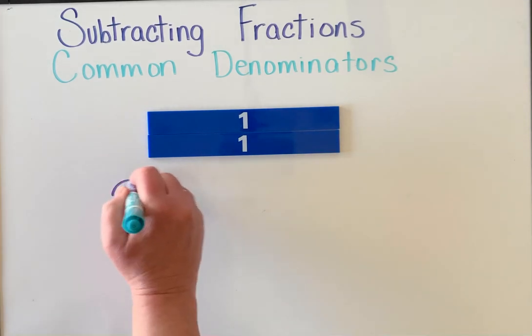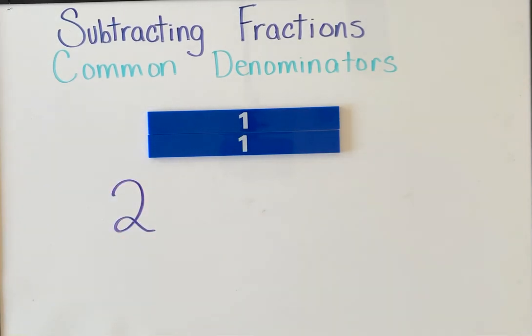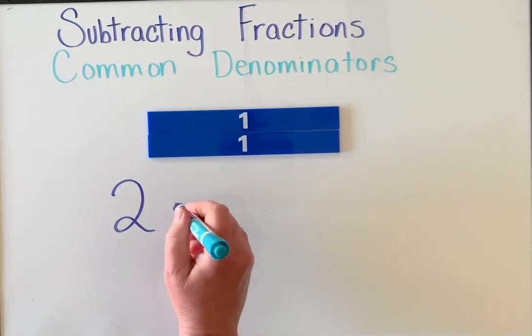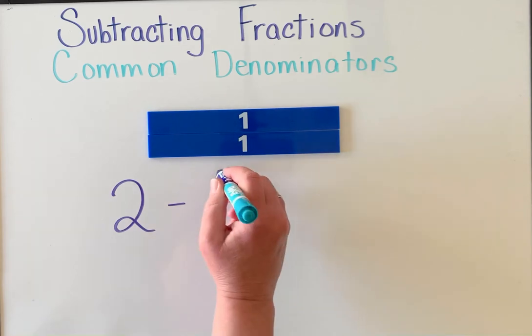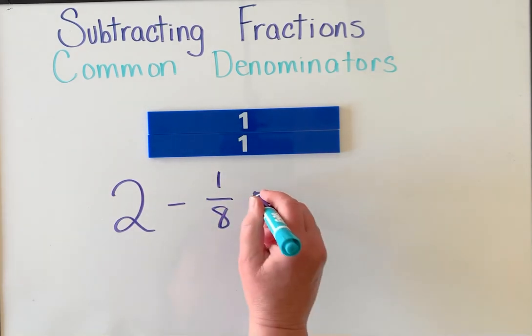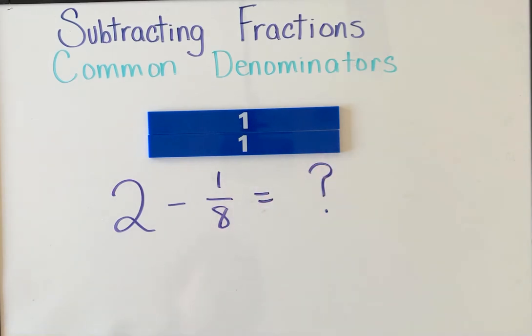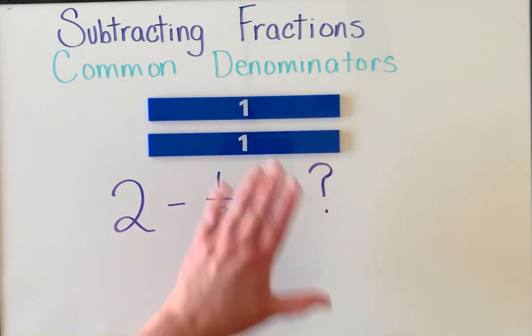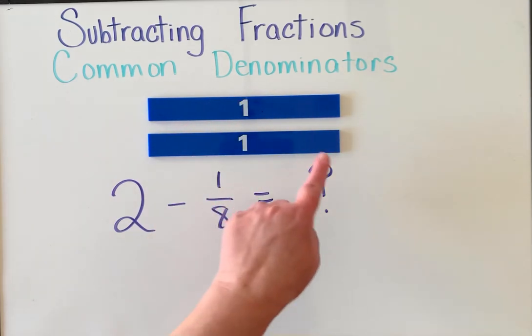Let's say Miss Moore has got 2 gallons of milk, and my daughter comes and drinks 1/8 of the gallons. How much is left? Now, knowing that I have 2 wholes, I cannot take 1/8 out of a whole.